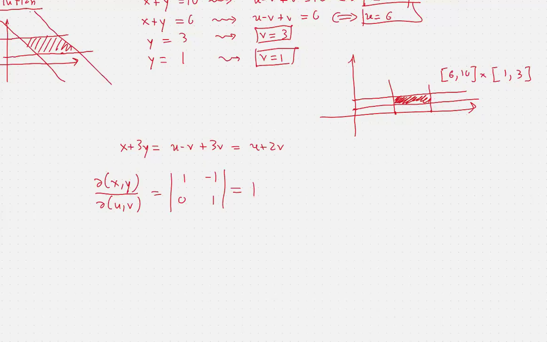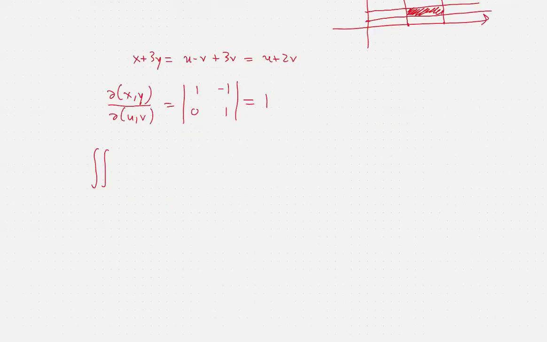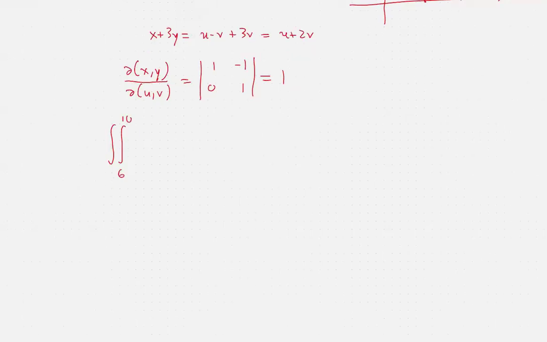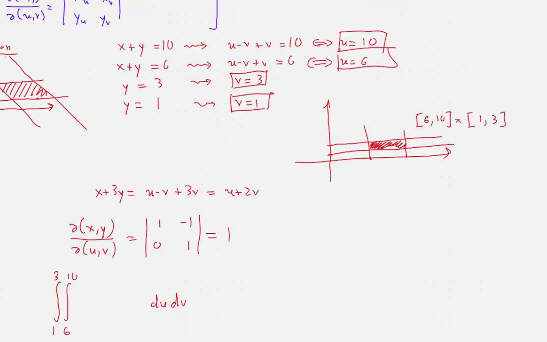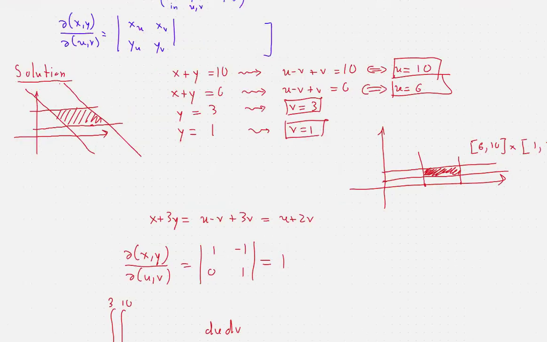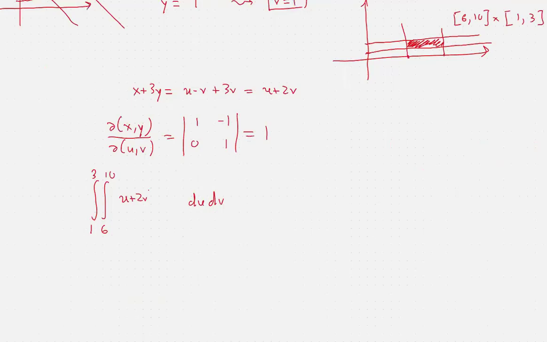So first of all, we're over a rectangle, so we put 6 to 10 du, and then 1 to 3 dv. We have our function, which is u plus 2v. And let's recall that this is multiplied by the Jacobian, which is 1. I'm putting this for formal purpose.